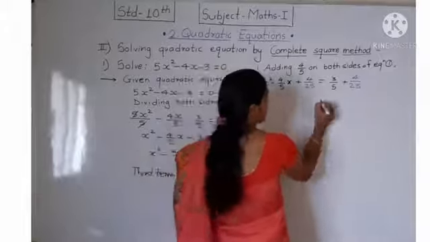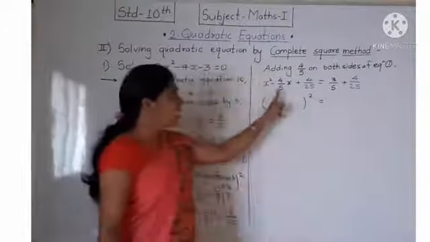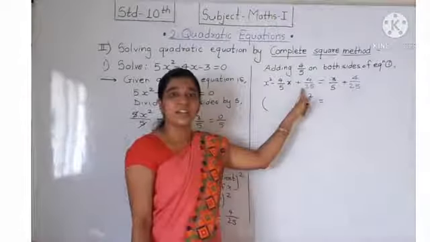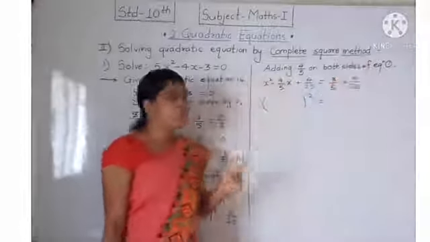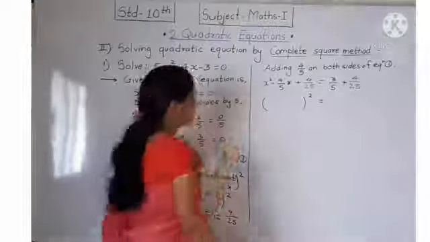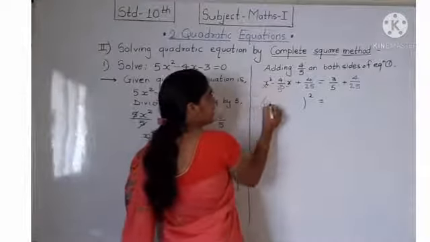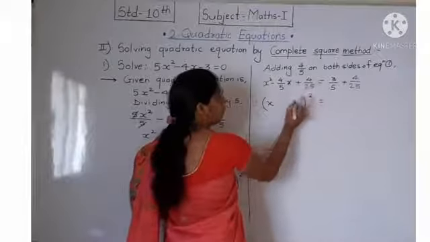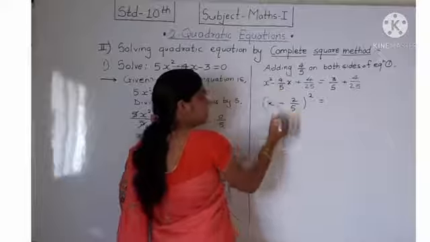What happens due to this? See, here the LHS becomes a perfect square. So this method is called the complete square method. Here it always becomes a perfect square. How do we find this perfect square? The square root of x square is x, the square root of 4/25 is 2/5, and the middle sign is minus.